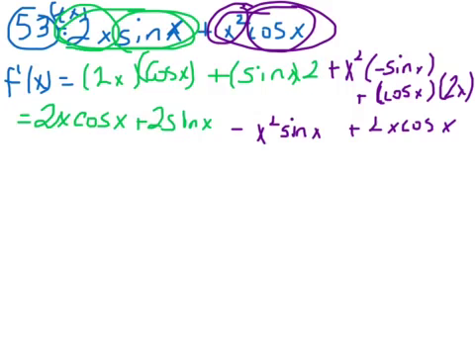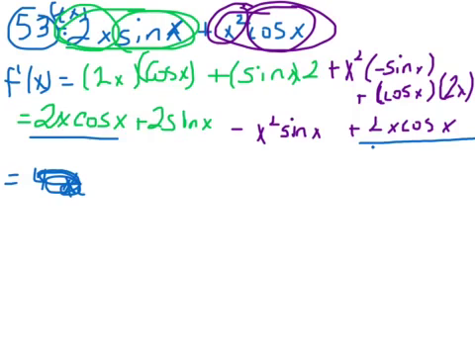Now, we got some like terms here that we could kind of simplify, so I'll go back to blue now. I've got 2x cosine x, and I've got 2x cosine x. 2x cosine x plus 2x cosine x would be 4x cosine x's.